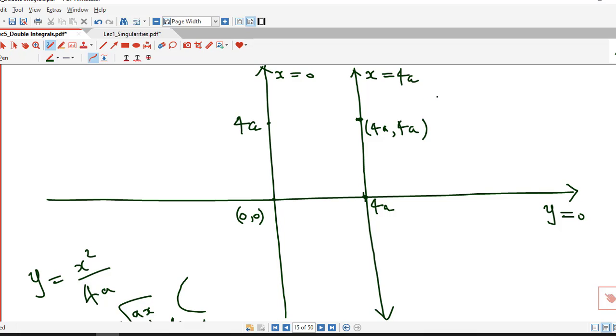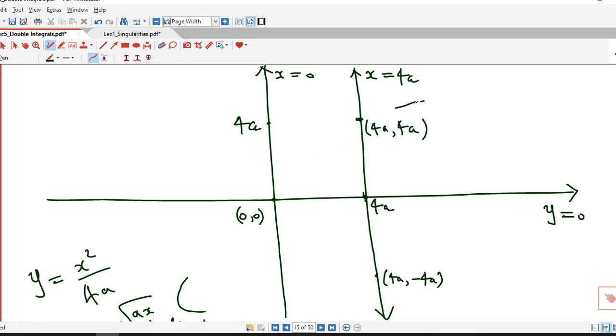Okay, so first we sketch that parabola, and it will pass through this point also, because it is symmetrical about x-axis. It must pass through this point also, which is symmetric to this point. So now we have to roughly sketch the parabola y square equal to 4ax.